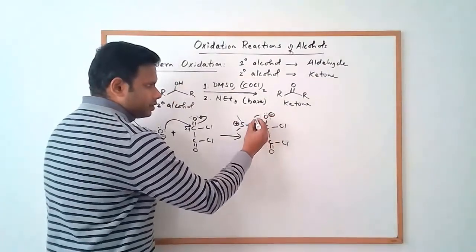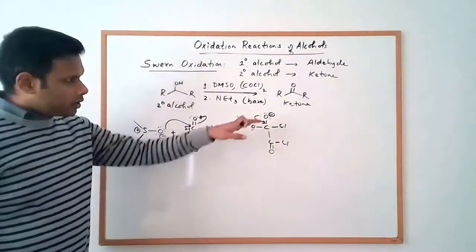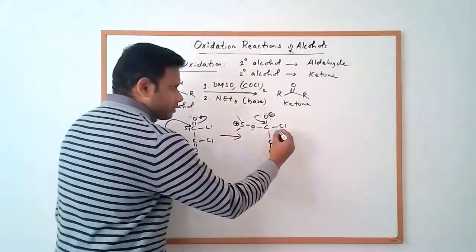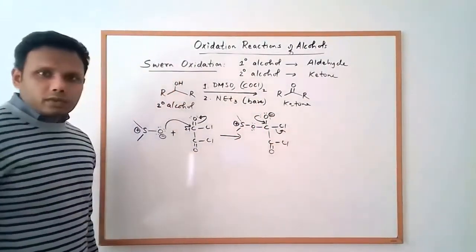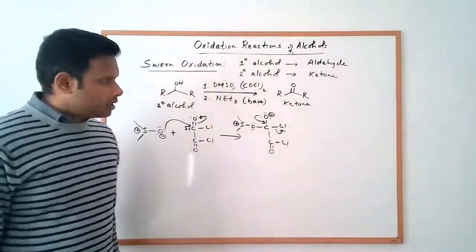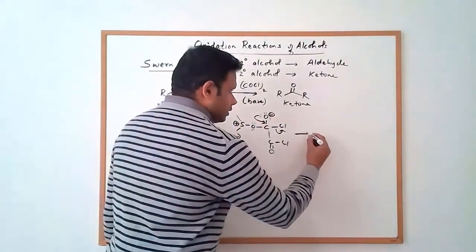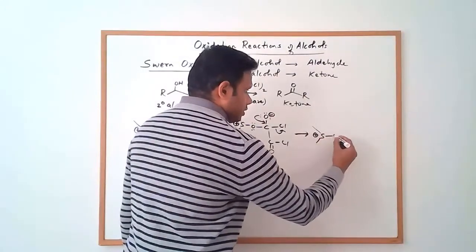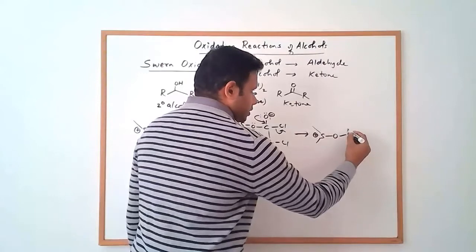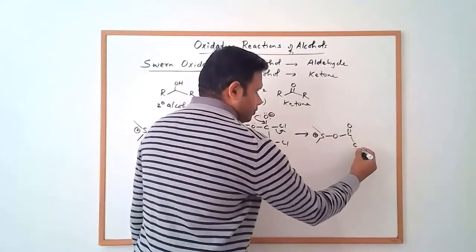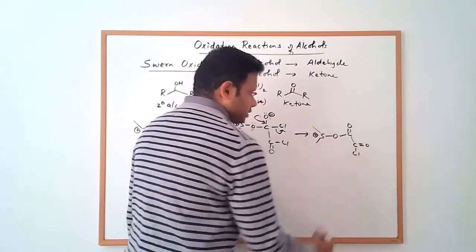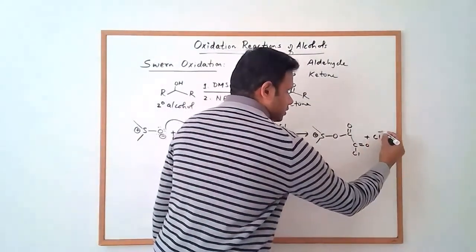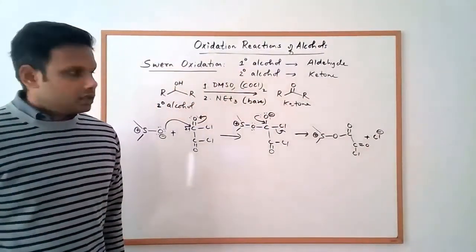In the second step, the lone pair comes back to form a double bond, and simultaneously a chloride gets kicked out. This gives us a new intermediate where we have the C double bond O connected to the C double bond and Cl, plus we have a Cl minus that was kicked out.